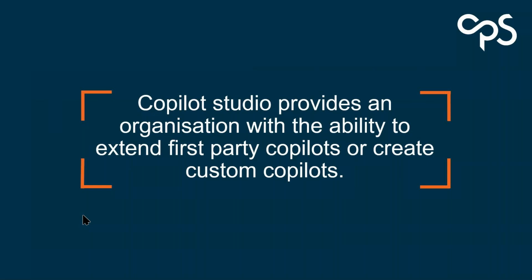So let's dive into a little bit of what that means. Extending a first-party copilot is the ability to extend the copilots that you may already have within your Microsoft 365 environment. So if you have Copilot for Microsoft 365, you can actually extend that Copilot and embed different data sources.